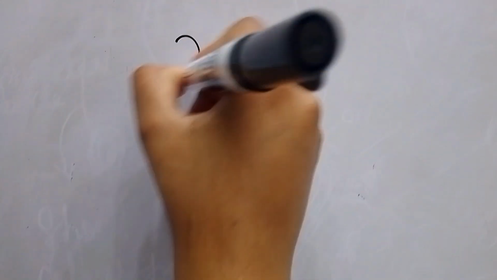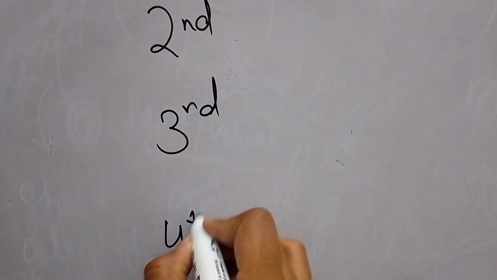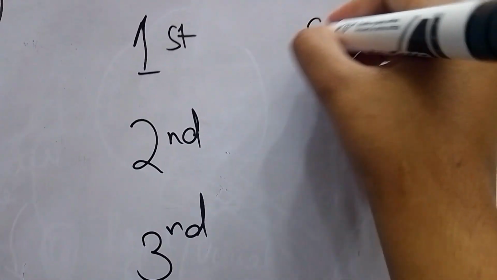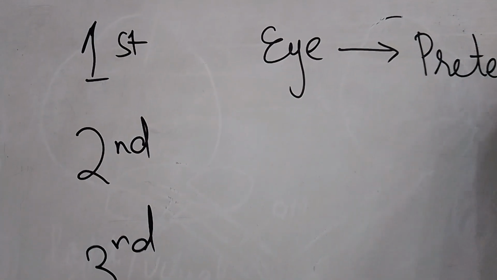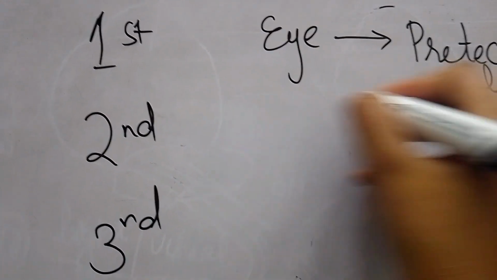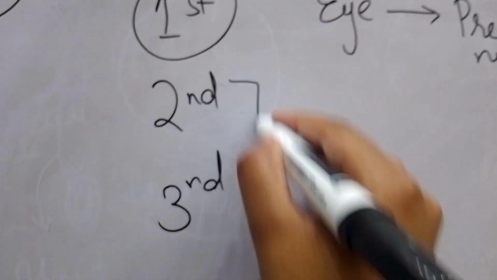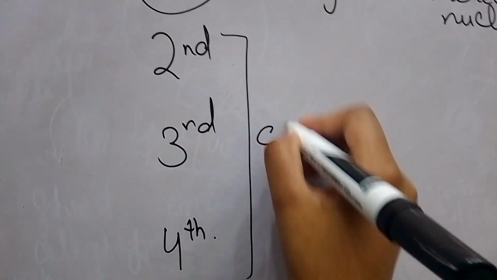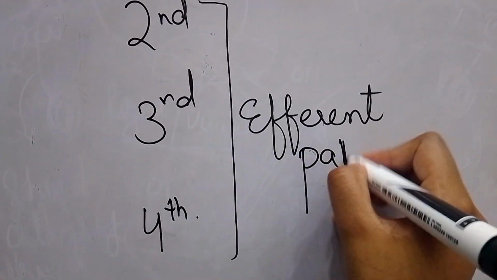There are four ordered neurons: first, second, third, and fourth. One is from the eye to the pretectal nuclei, right? This is the afferent pathway. So the first order neuron is the afferent pathway. Second to fourth are the efferent pathway, or the motor response, right?